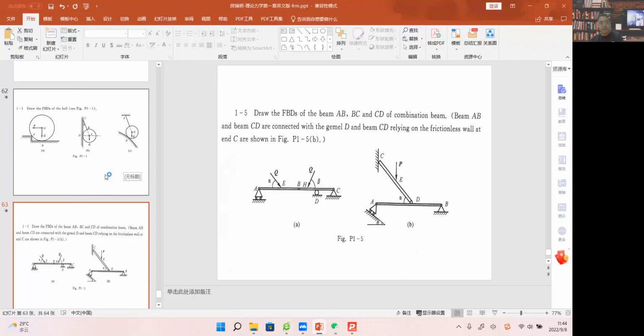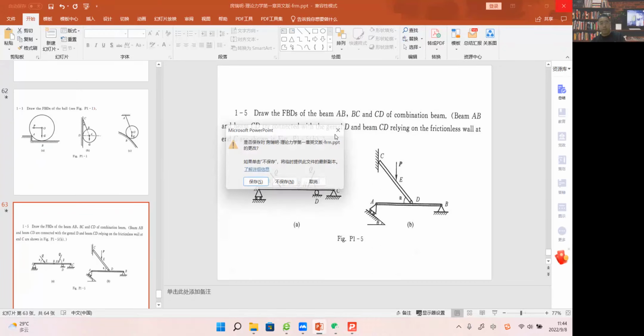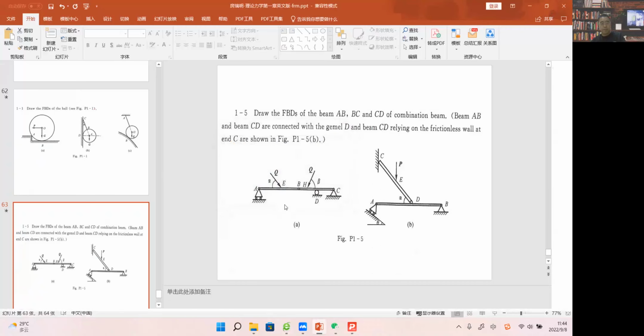For the first chapter, I think we have stayed enough time on chapter 1. There's still maybe 15 minutes left, so I decided to move to the second chapter, right?